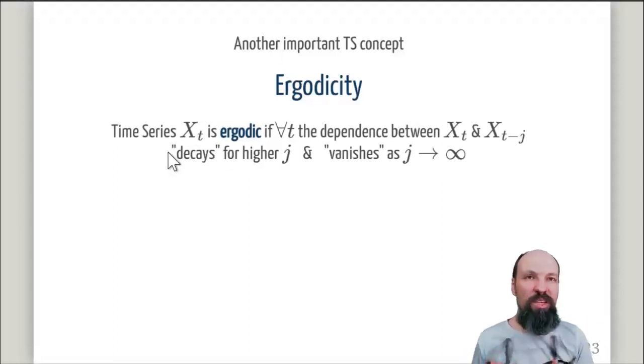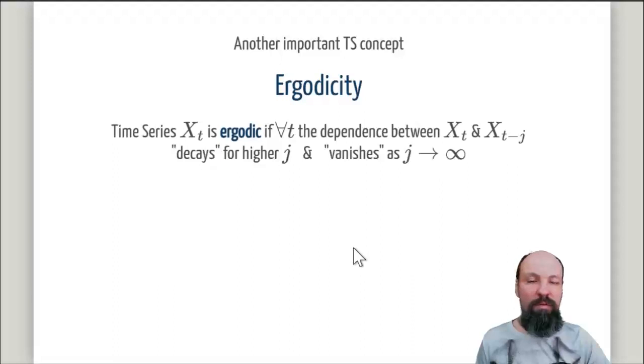We don't know in which sense, but it diminishes, and it must disappear. So the infinitely distant parts of the processes become independent, but only infinitely; before that they might still be dependent. This is the property of ergodicity.